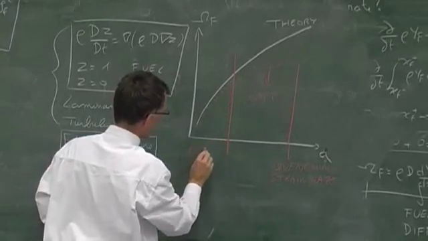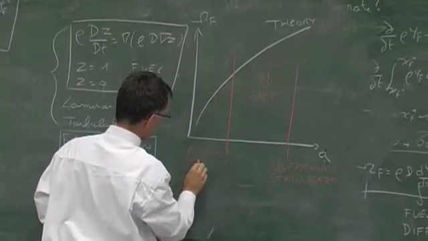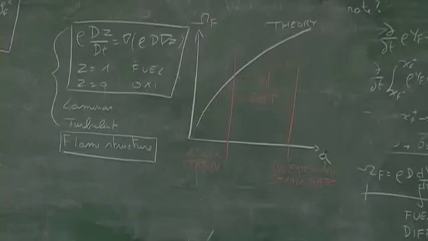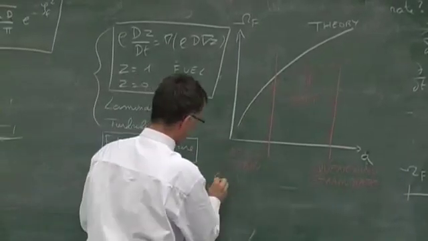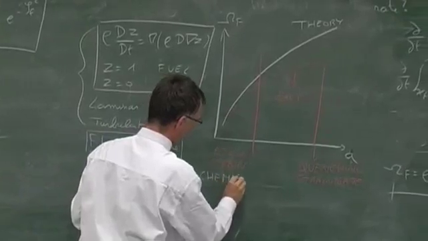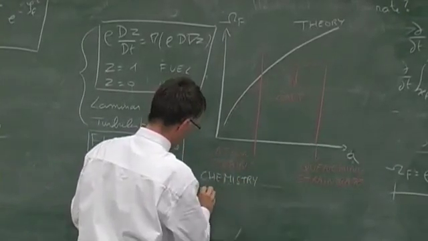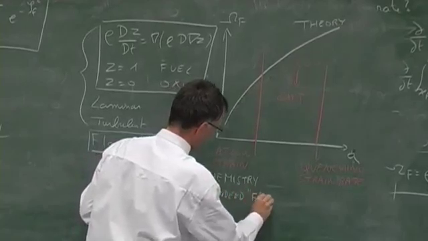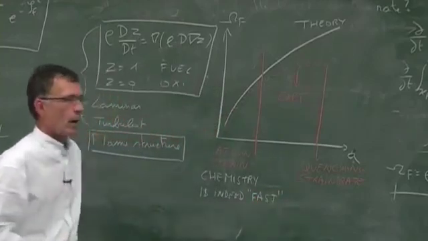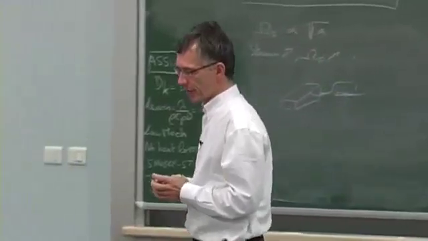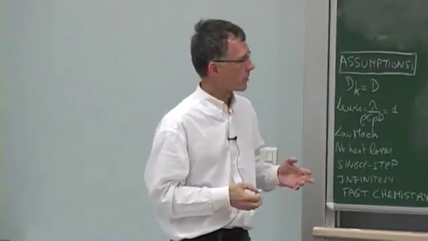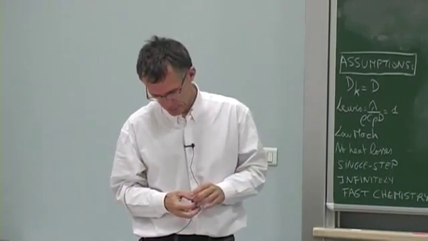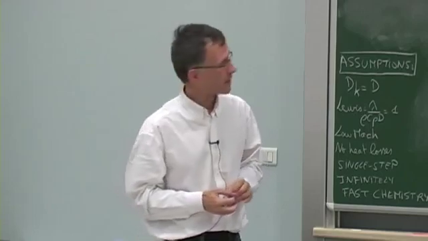So at low strain, we can really say that chemistry is indeed fast. And in many cases, when you look at the literature, you will find out that in most CFD codes, people work with flame structures which are almost corresponding to infinitely fast chemistry. It's just a very simple way to do that.